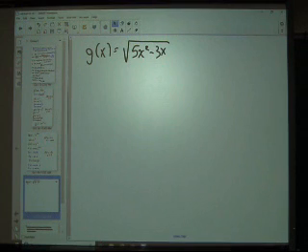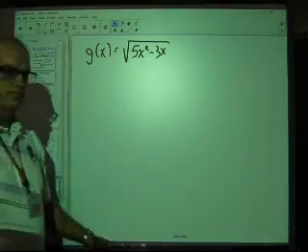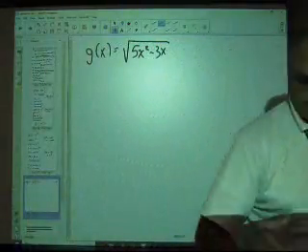Don't forget, the concept of composition of functions may be in play. We may have to think about what is a function we put into another function through composition.